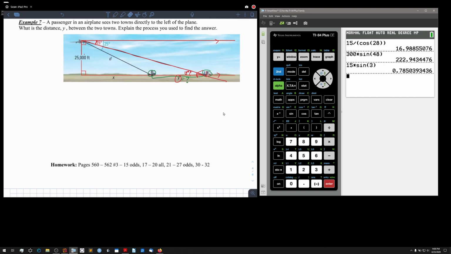So let me write something like that. Opposite over adjacent, that's tangent. And I'm going from 15 degrees, that's the perspective I'm looking from. Tangent of 15 degrees is 25,000 over, and then this whole side of the triangle is x plus y. Okay, and then you can just keep going.